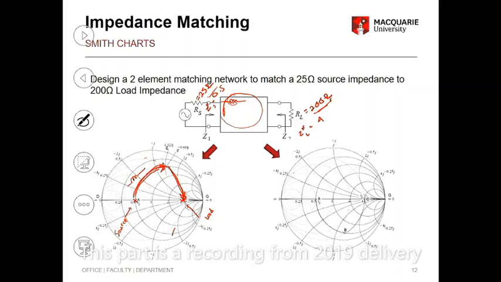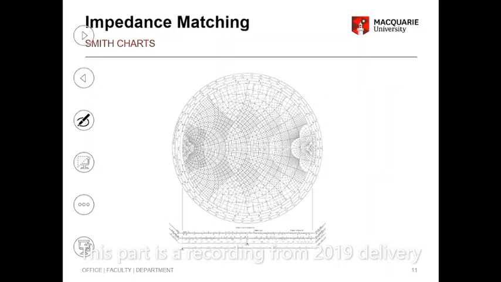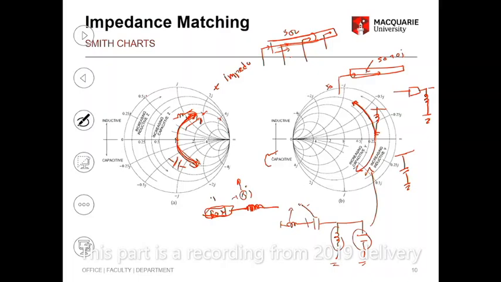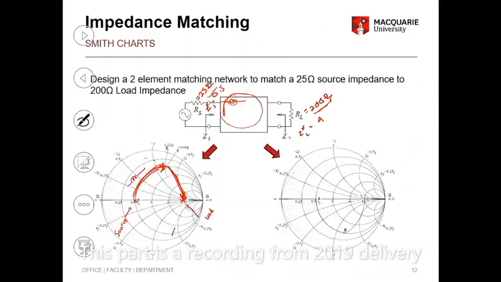If I'm going like that on a constant conductance circle, that is a shunt capacitor, right? So that's from here, a shunt capacitor, because I'm following a constant conductance circle clockwise. Okay, I know that's a lot to take in because it's the first time you are listening to this.